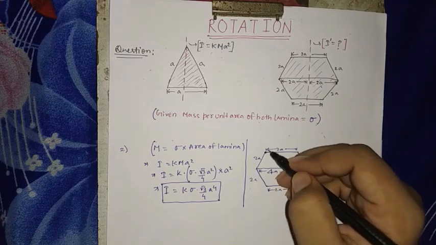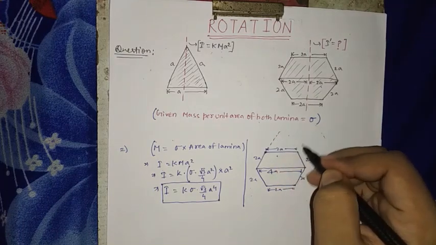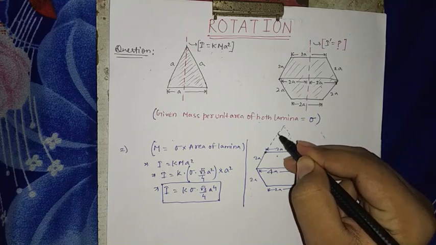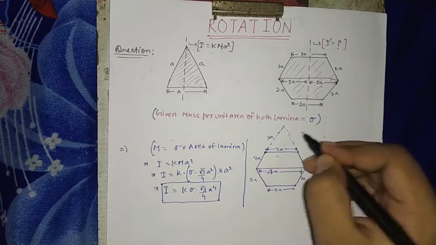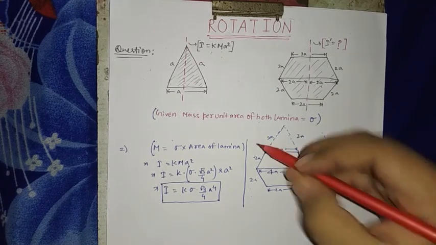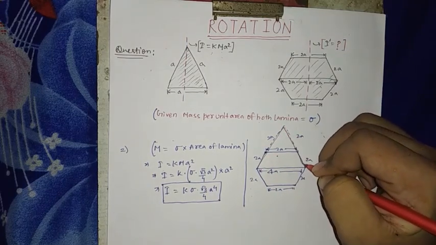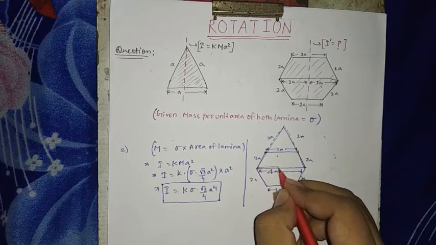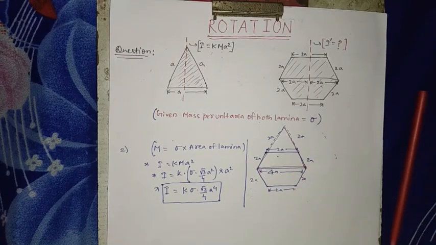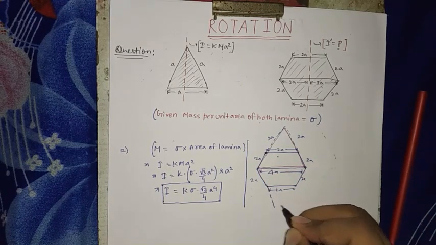And now I am extending this figure to make a big triangle of side 4a. Here you can see this triangle of side length 4a, and now I will do it similarly downwards.